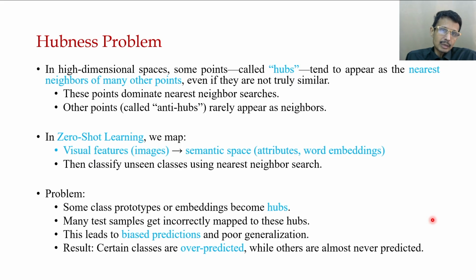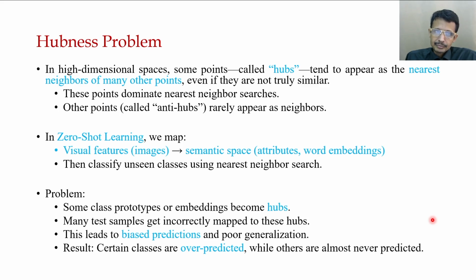So ultimately, what we have to understand in zero shot learning is what we are doing at testing time. From the testing sample, we map to the semantic space, where there are class embeddings.